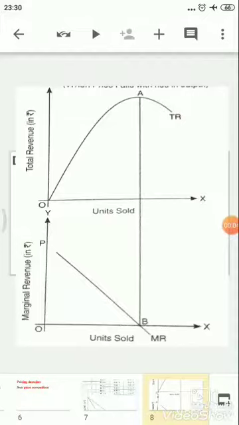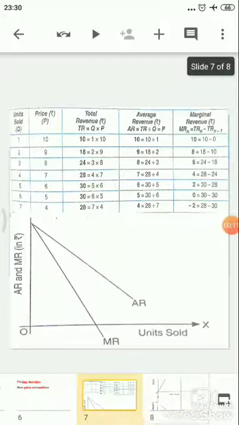Now let us see the relationship between MR and TR. Now we can see that from this table that your TR is rising continuously, right? Till when? You can see here that till the time MR is positive, till 2, TR becomes 30. When MR is 0, TR is 30 and maximum.